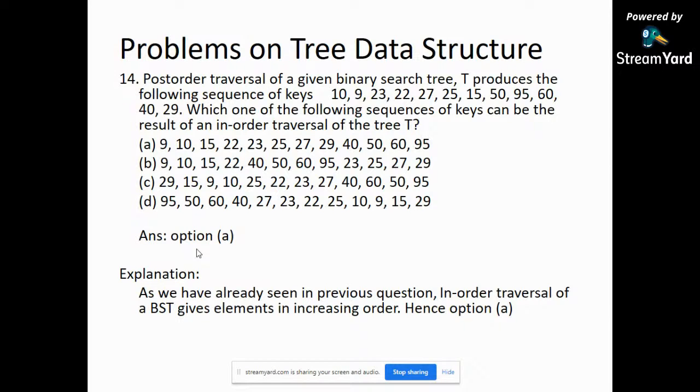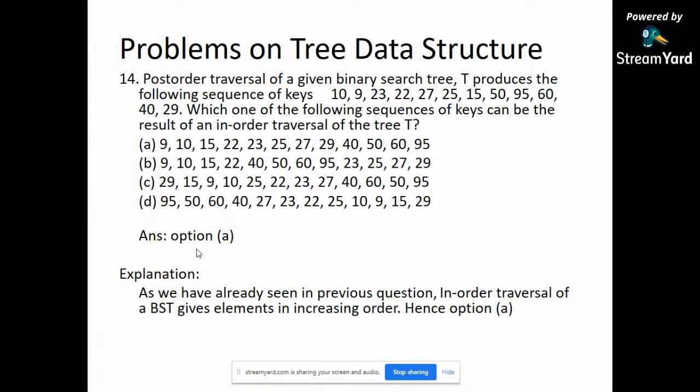Post order traversal of a given binary search tree produces the following sequence of keys. This is the post order traversal which is given to us. Which one of the following sequences of keys can be the result of an in order traversal? So this is very simple. If one of the traversals is given to us, we have to find the other traversal.